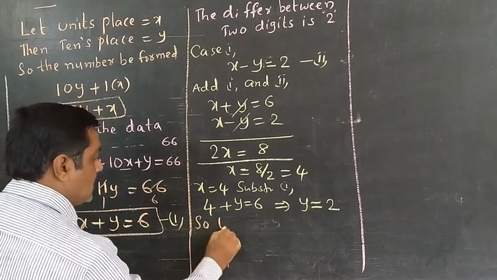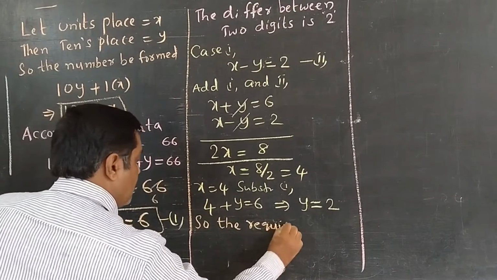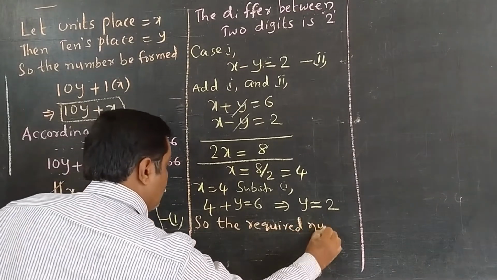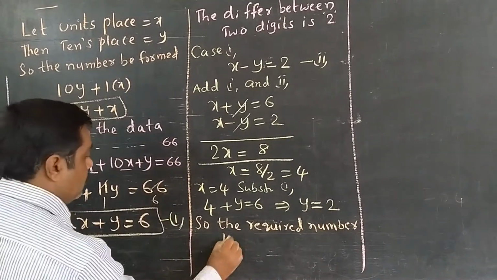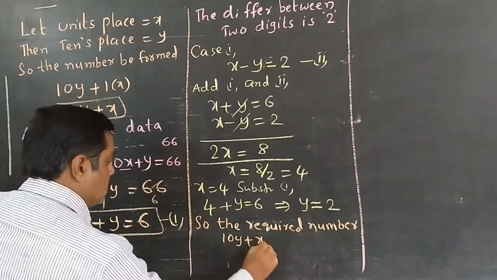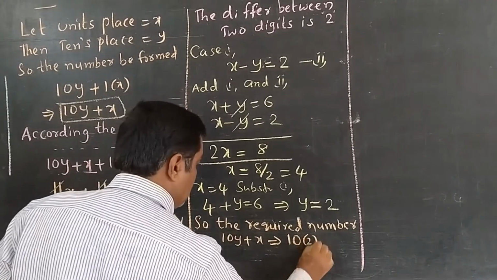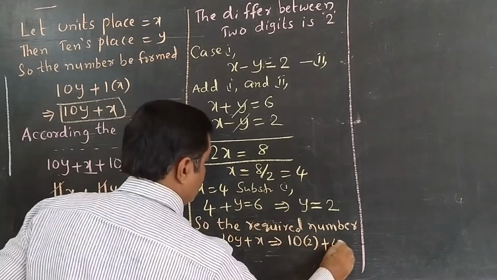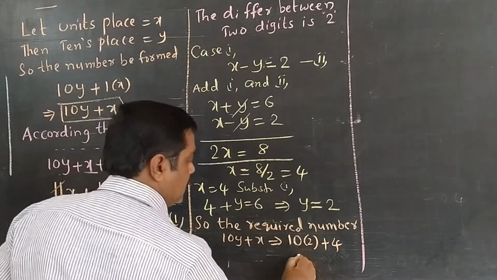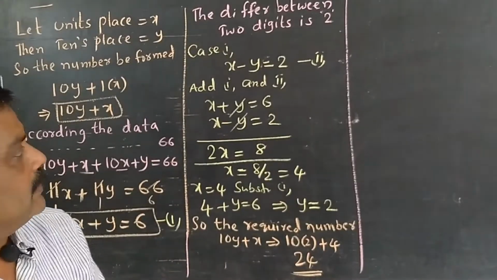So 10 at the place of y, 2, at the place of x, 4, that is 20 plus 4, 24 is our required number.